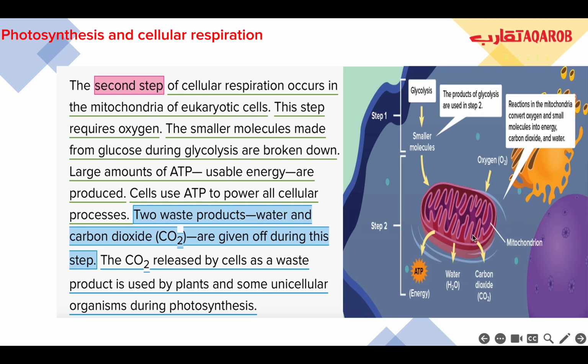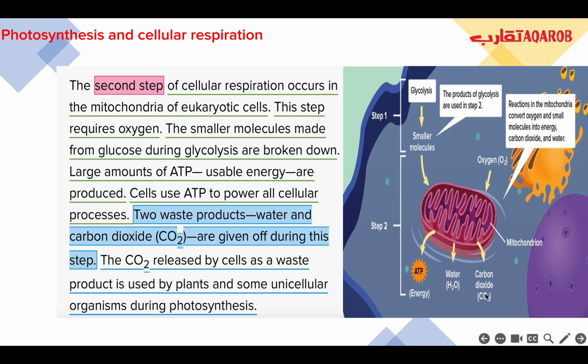So again, in this process we use the smaller molecules from step 1 and oxygen to produce a larger amount of ATP, water, and carbon dioxide. ATP is used to power all cellular processes. Water and carbon dioxide are the waste from the second step of cellular respiration.